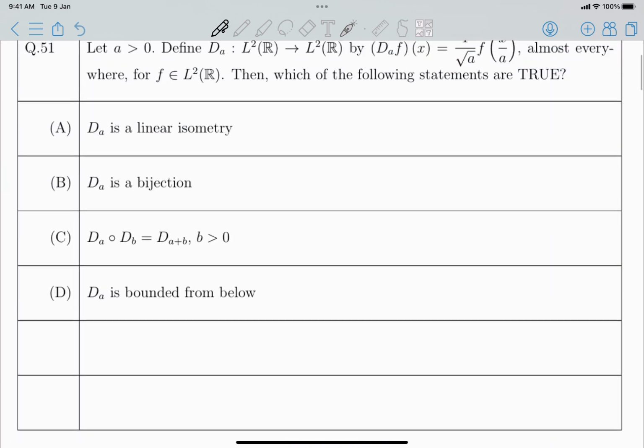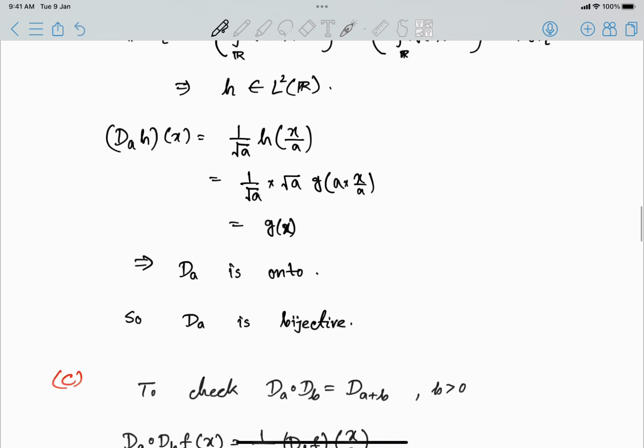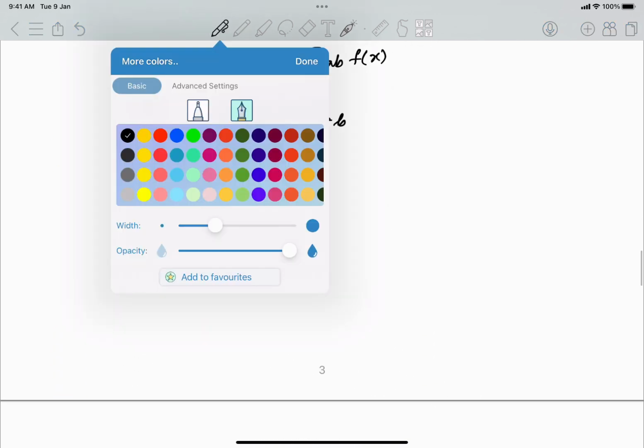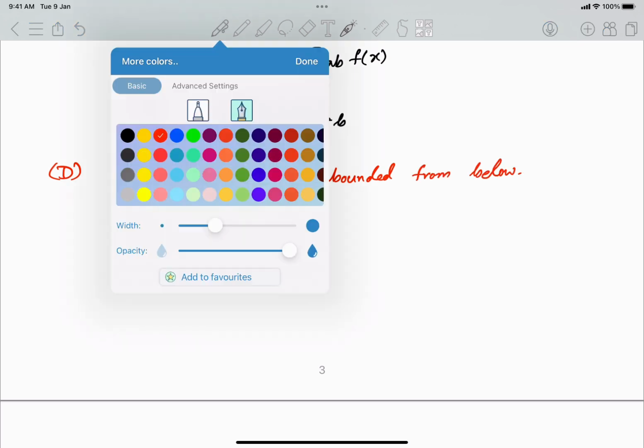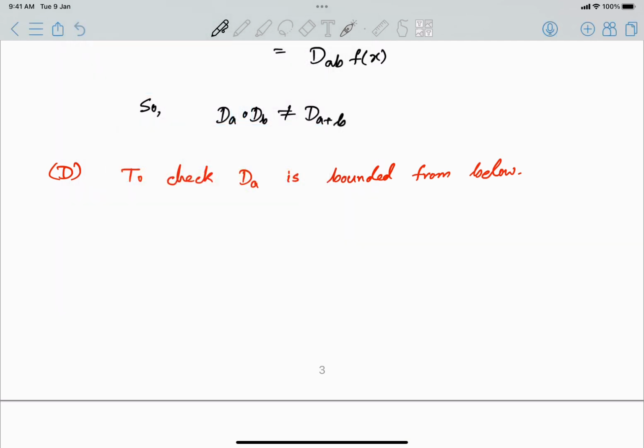Now what is the last option? You have to check that dA is bounded from below. So what does this mean, bounded from below?